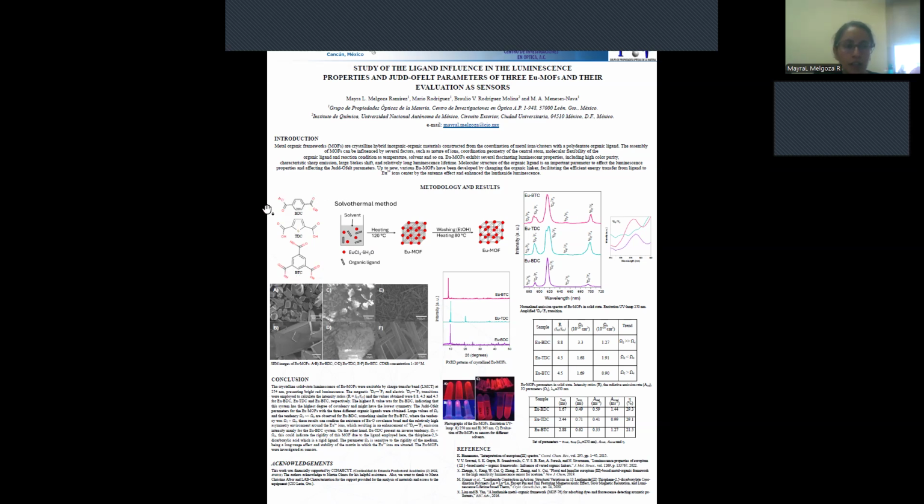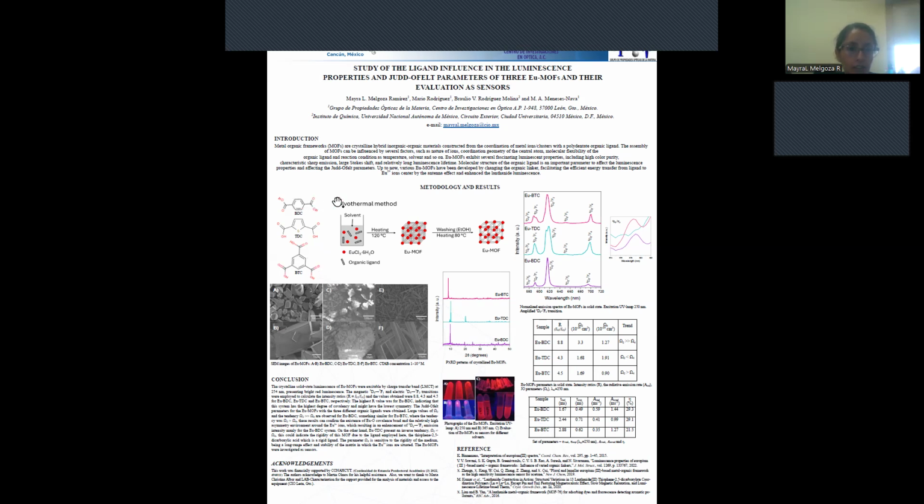We can observe that in the first and second we have 2 carboxylic groups where europium ions can bond, and these ligands are called bidentate ligands. For this one, we have 3 carboxylic groups where the europium ions can be bonded, and it is called a tridentate ligand.